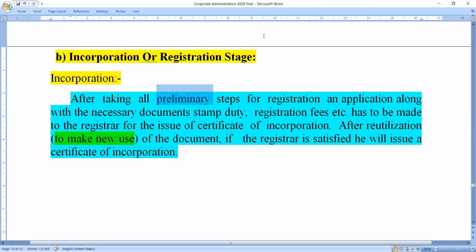After that, if he is satisfied that each and every document is correct and right, he issues the certificate called the incorporation certificate. This is a very, very essential certificate. After getting this certificate, our company becomes a registered company under the Companies Act of 2013. So this is about the incorporation.